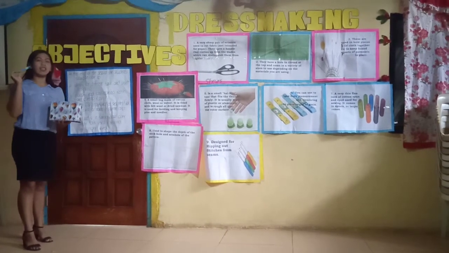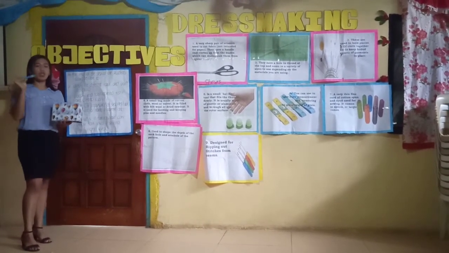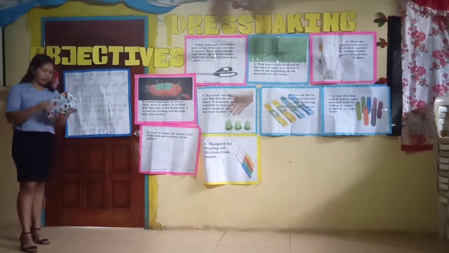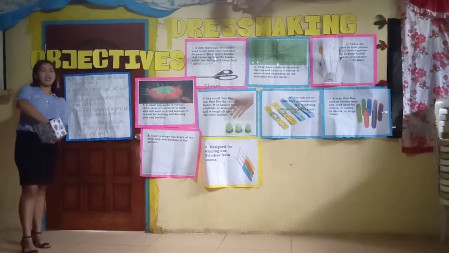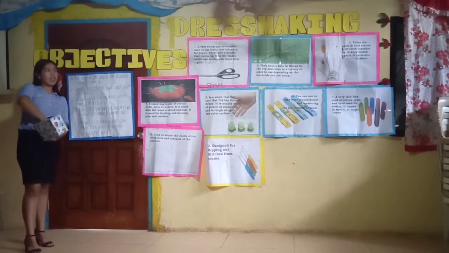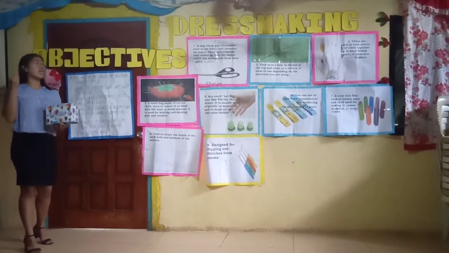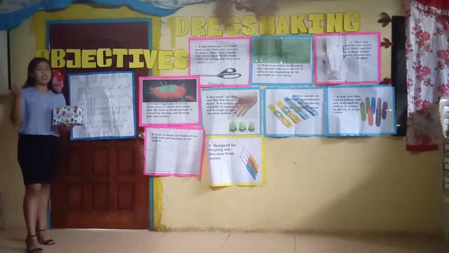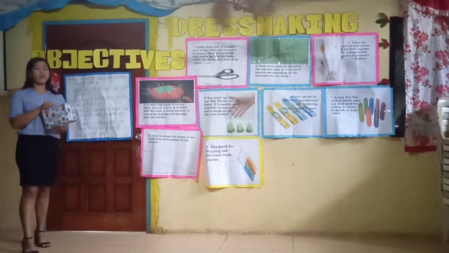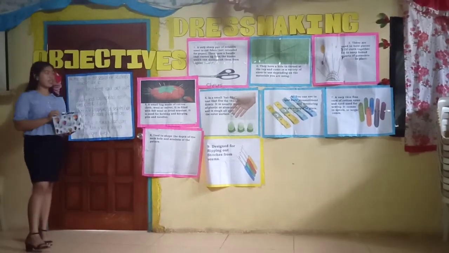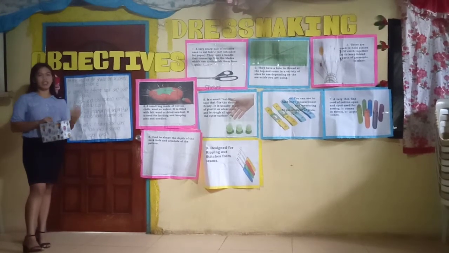She said that the tape measure is used for body measurement, while Andrew said that this is a seam ripper. A seam ripper is used to remove the stitches of the garment. So after the first activity, let's move on to the second activity.